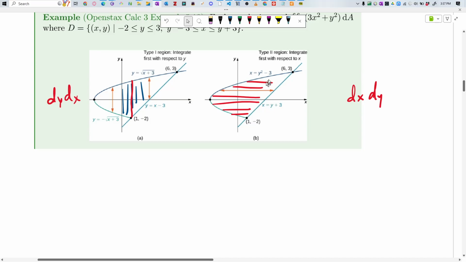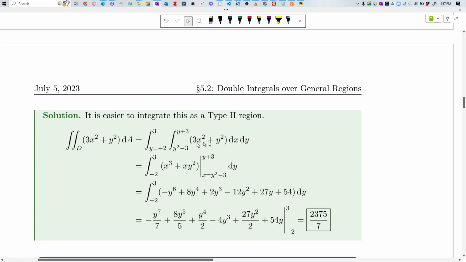The lower function here is this quadratic, and the upper function is this line, if we view lower and upper as being based on the x value. Okay. And so this would be the iterated integral that we would compute, that would compute this two-dimensional integral.